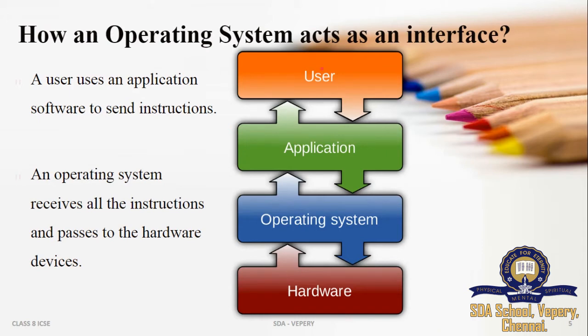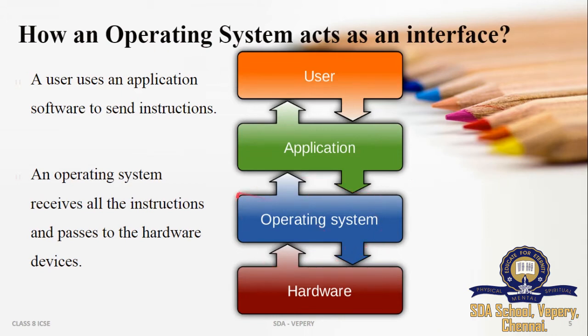So this mouse and keyboard are doing some actions. Those actions will be displayed for you on the screen. How is it displaying? First it will be received by the operating system, and the operating system is displaying the content you type on the screen.